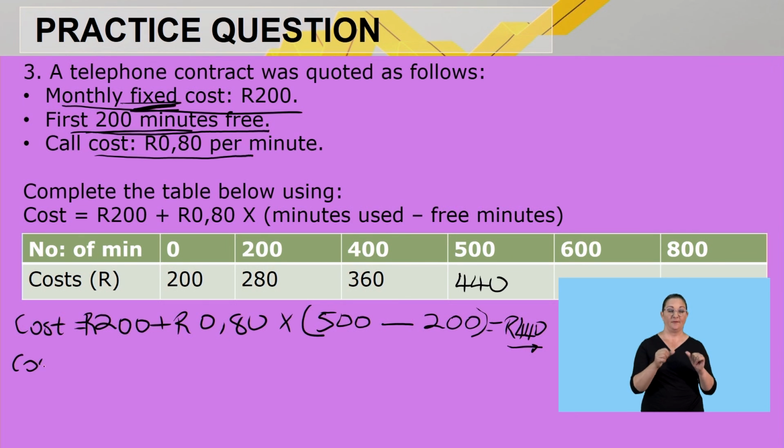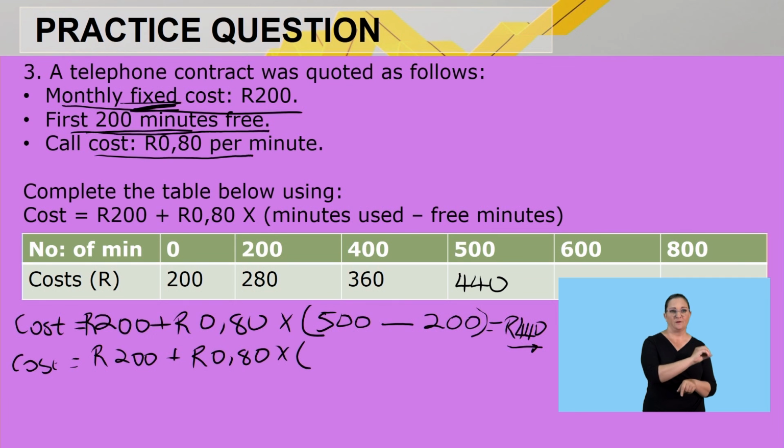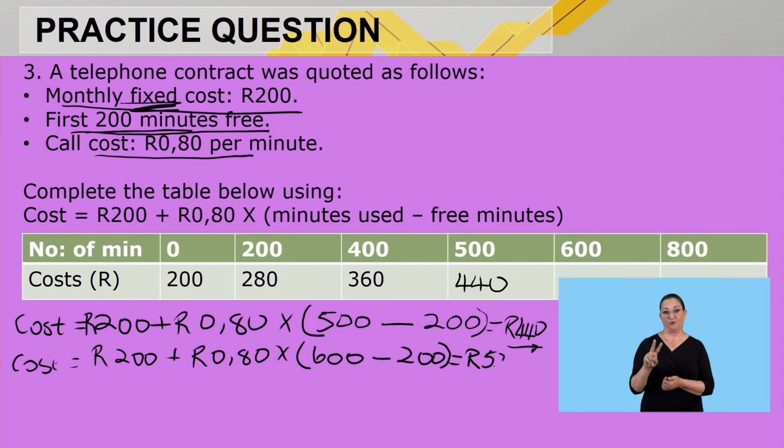Then for the next value, we have 200 plus. We are using the same formula, the same procedure. In this case, the number of minutes used is 600. We subtract the 3 minutes. So this will give us a total amount of 520. So for using 600 minutes, you are paying 520.